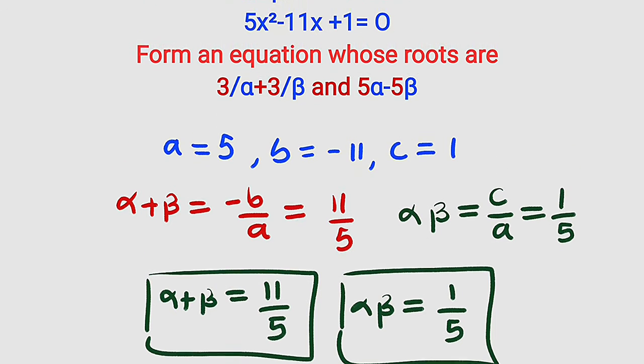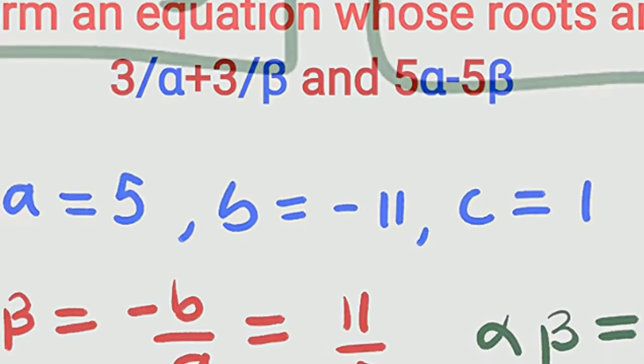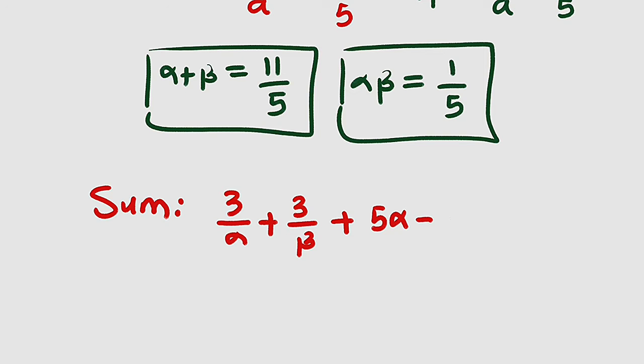So now let's get started. To form that quadratic equation, we have to find the sum of these roots and their product. Let me start with their sum, meaning we add them together. We have 3 divided by alpha plus 3 divided by beta, then we add the second root, which is 5 alpha minus 5 beta.